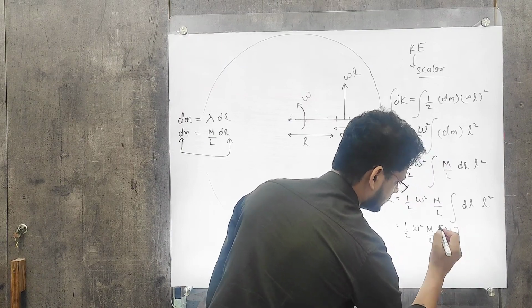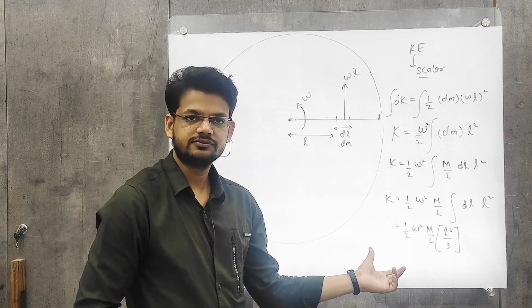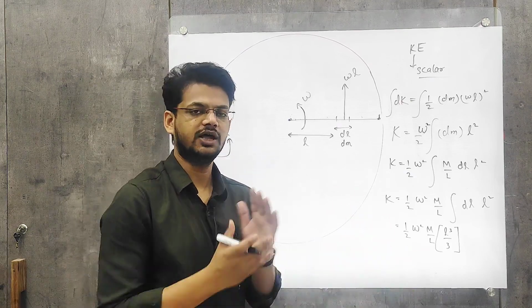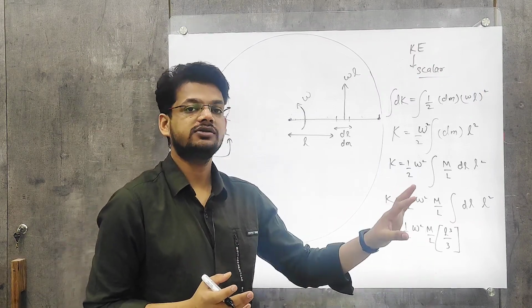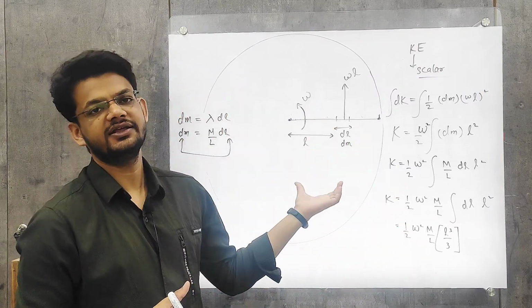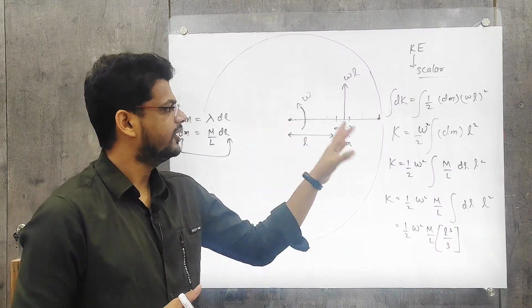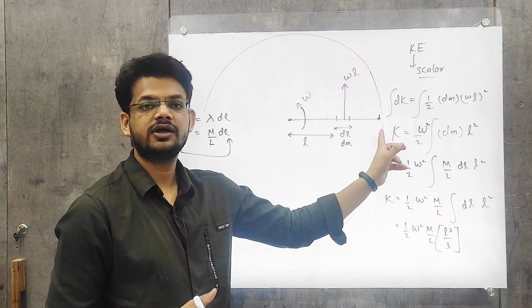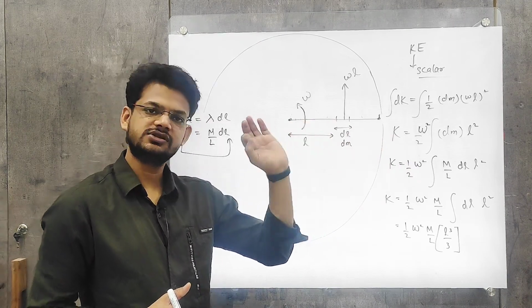Now it is a definite integration. I will have to put the limits. Now why am I doing a definite integration here? Because what is the purpose of integrating here? I want to cover all the points from this point to this point, and for this point what is the distance from the axis of rotation? 0.